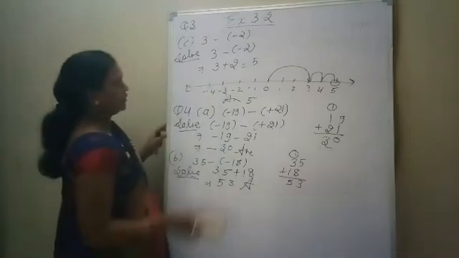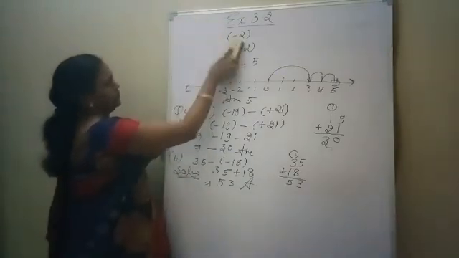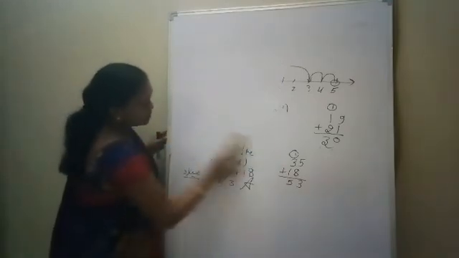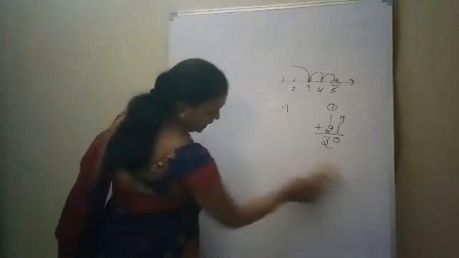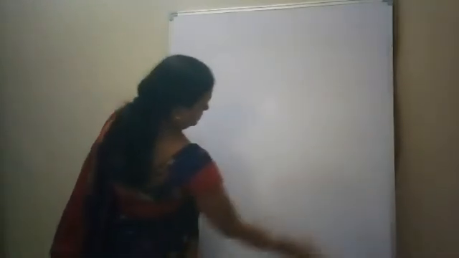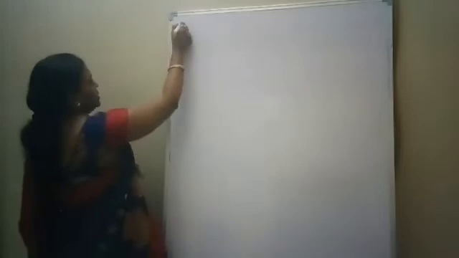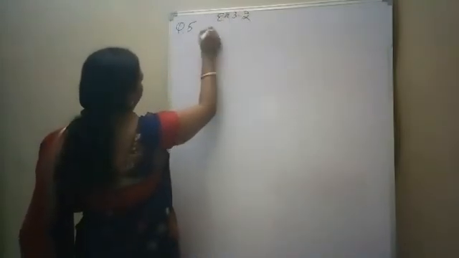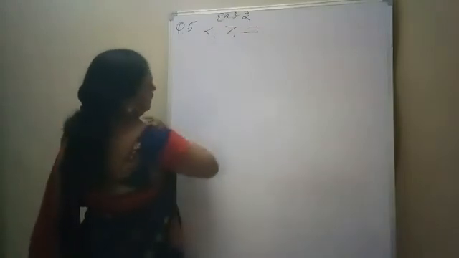Then we are going to solve question number 5. Question number 5 only depends on the less than, greater than or equal to sign. In question number 5 you just put in the sign of less than, greater than or equal to.